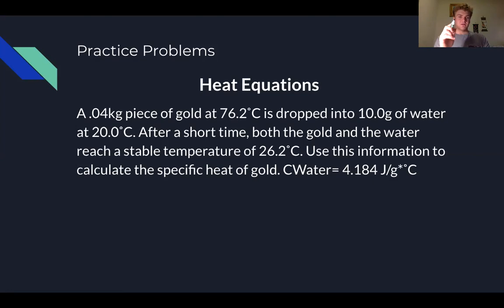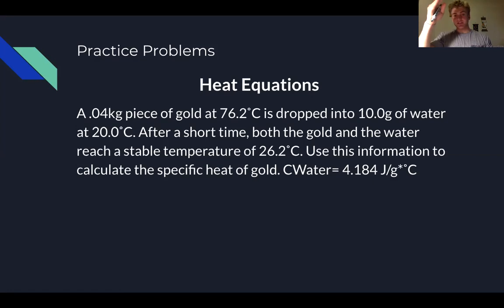So we read again, a piece of gold at 76.2 degrees, that's its starting temperature, right, is dropped into 10 grams of water. They give us the mass of water, so we might as well just write it down right now. 10 grams of water is our mass at 20 degrees Celsius. So the water is at 20 degrees Celsius, and the gold is at 72.6 degrees Celsius. Okay, both the gold and the water reach a stable temperature of 26.2. Boom, there's our temperature change.